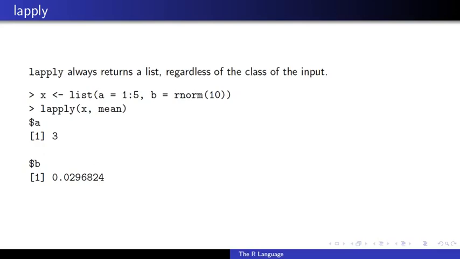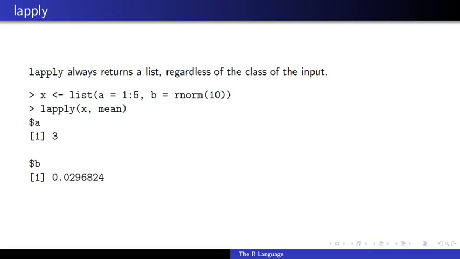For example, it may take a vector as an input but return a scalar as a result. So the function is going to return something for every single object in that list, and the return values are going to be assembled in a new list, and that's what lapply is going to return. So it's key to remember that lapply always returns a list. What goes in may or may not be a list, but it will be coerced to a list, and what comes out will always be a list.